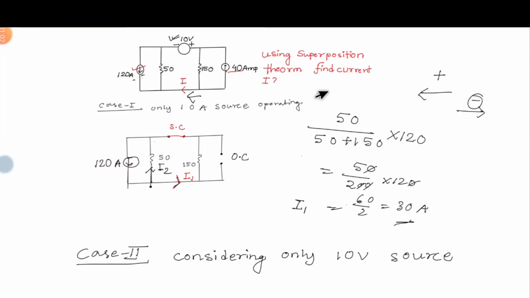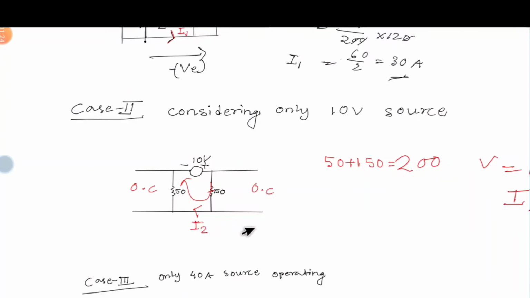In case 1 you can see the direction is left to right, so it is a negative direction.